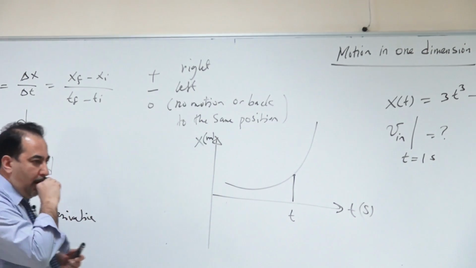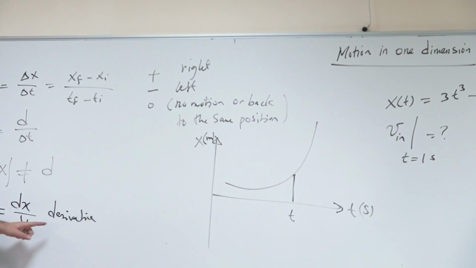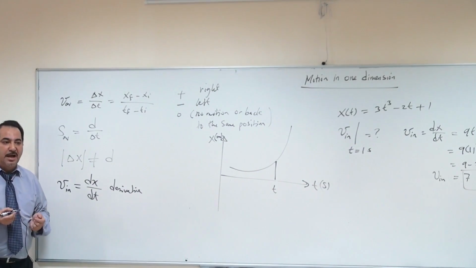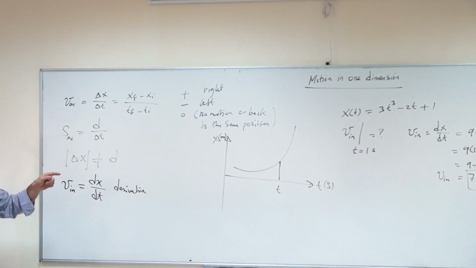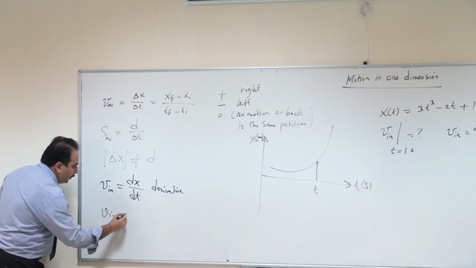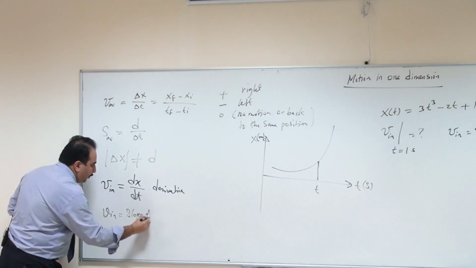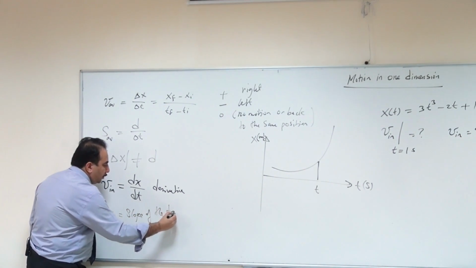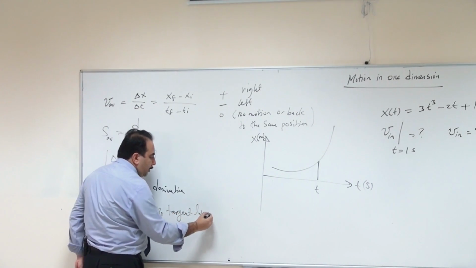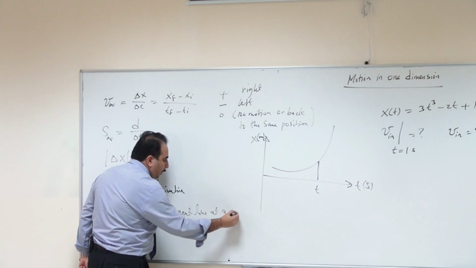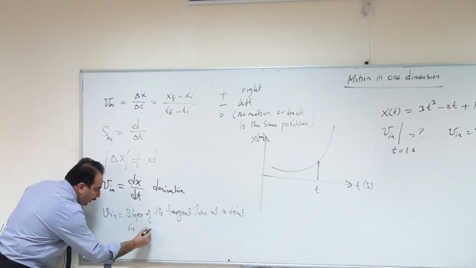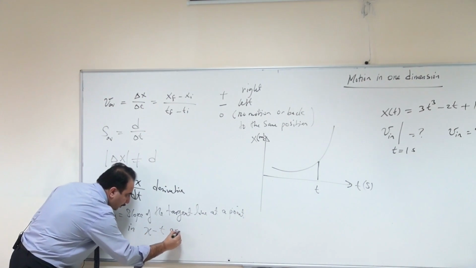So what I have to do, the other meaning of derivative mathematically, is the slope of the tangent line for the x-t graph. So v instantaneous means the slope of the tangent line at a point in the x-t graph.